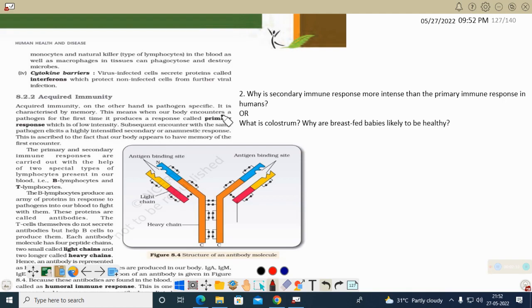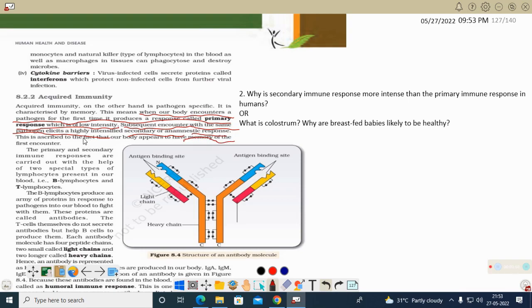When our body encounters a pathogen for the first time, it produces a response that is called the primary immune response. Now when the same pathogen comes the next time, our body keeps some memory of it. So the primary response shows low intensity, while the secondary response, the subsequent encounter with the same pathogen, elicits a highly intensified secondary or anamnestic response.